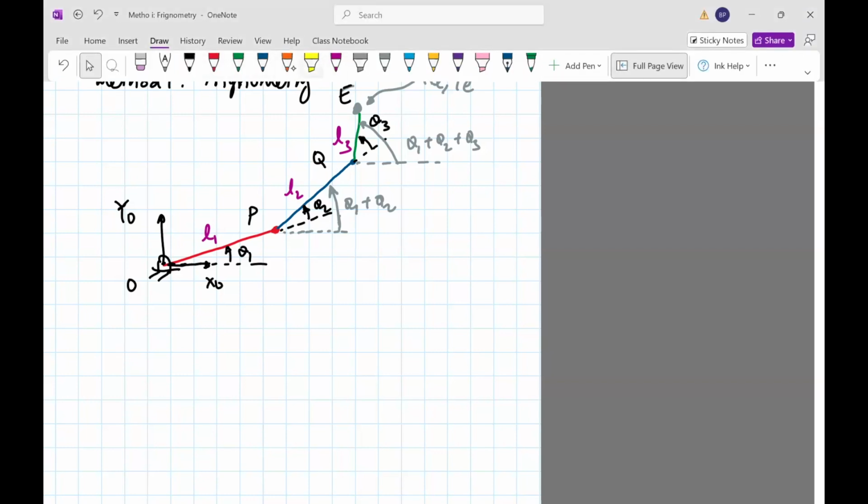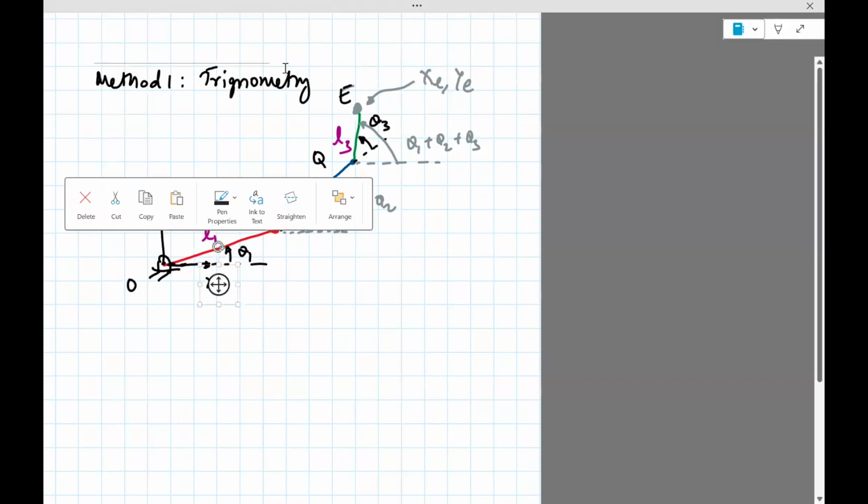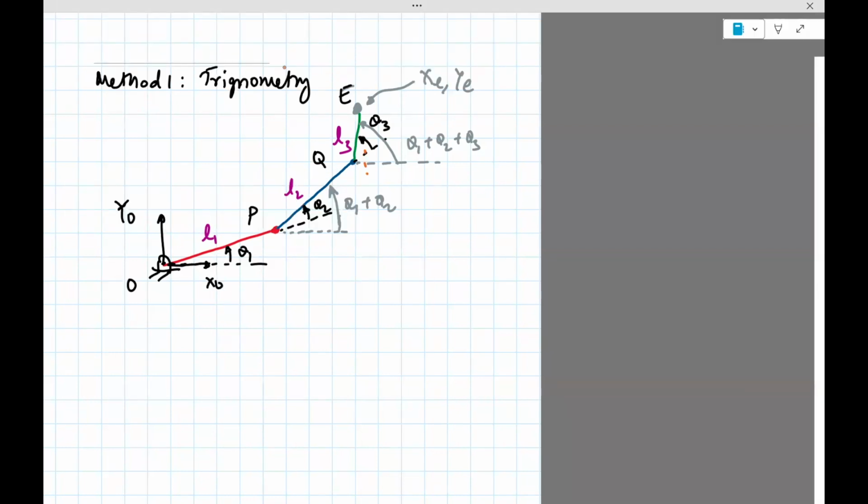So what I would do here is I would just drop perpendiculars. This is XE, and then this is YE.